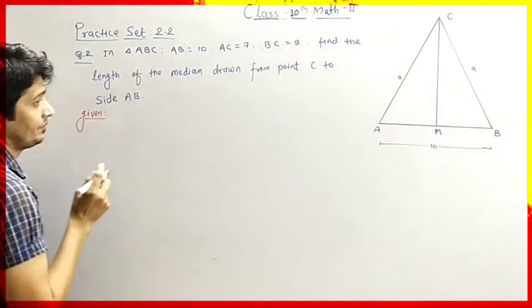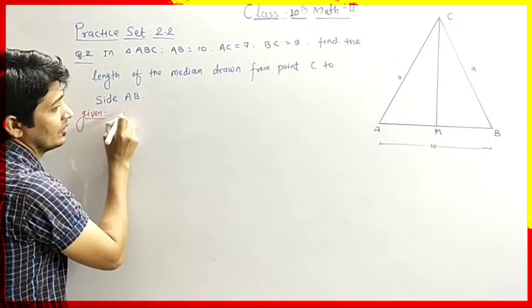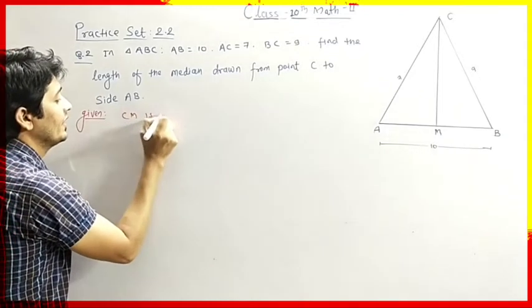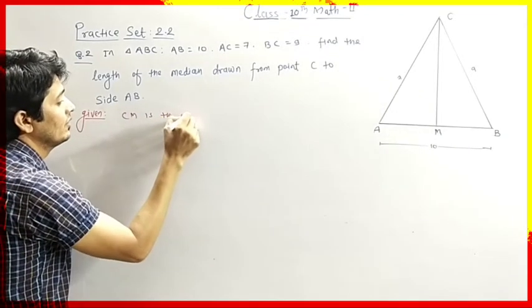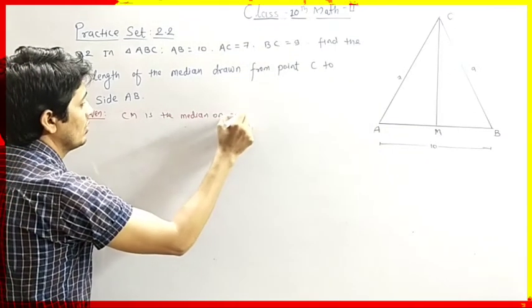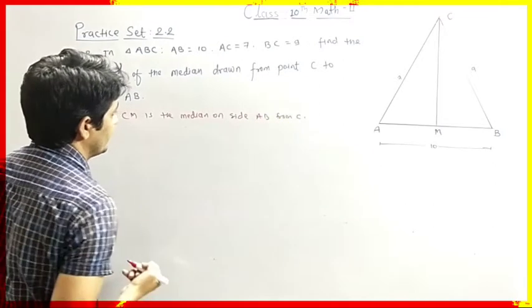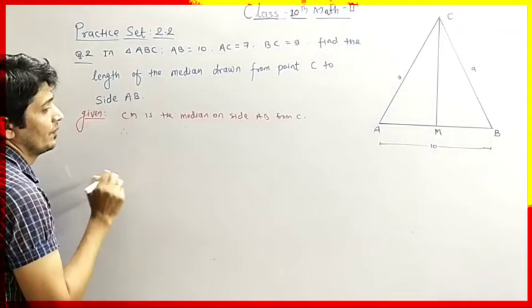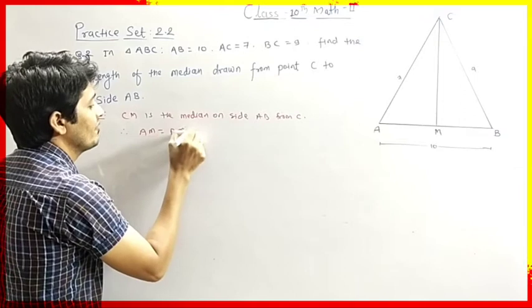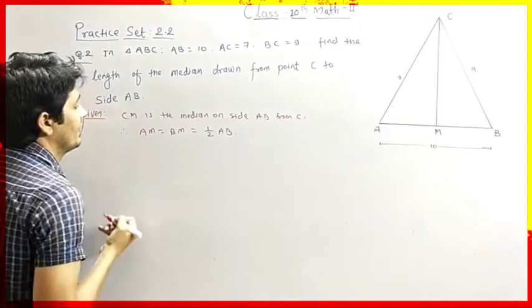So what is given? CM is the median on side AB from C. Therefore, AM equals BM, which is equal to half of AB.